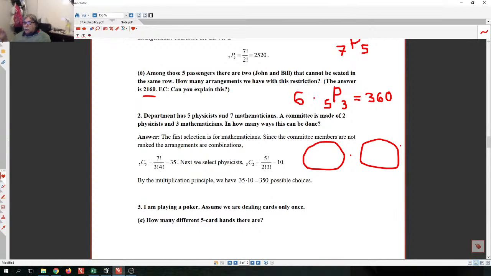If the order mattered, it would be different. I just need the three people, John, Bill, and Fred, or Bill, John, and Fred, or Fred, John, and Bill, or if you like female names, Mary, Ann, and Catherine, or Catherine, Ann, and Mary. This is all the same, right? So it's 7 choose 3. If you use the formula for that, you get 35. So this number is 35.